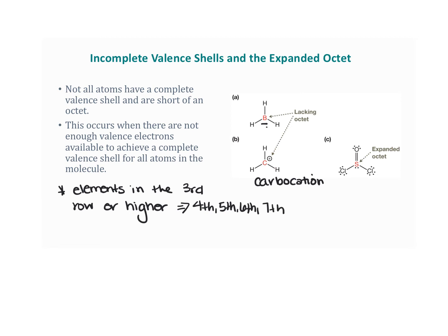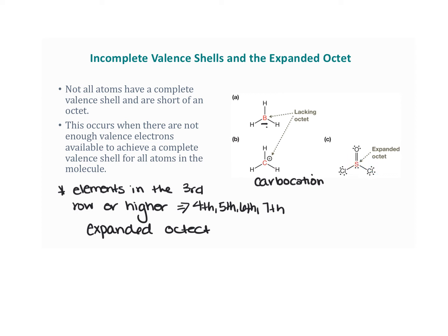That's all we're working with on our periodic table. If it's those rows, then they can have something called an expanded octet, where they can have more connections. First and second rows are never going to do this. But if you look at sulfur, for example, sulfur's in the third row, it can have an expanded octet, and that's what we see right here.